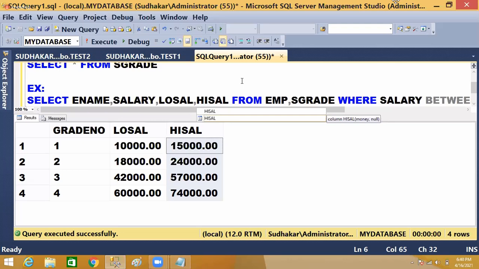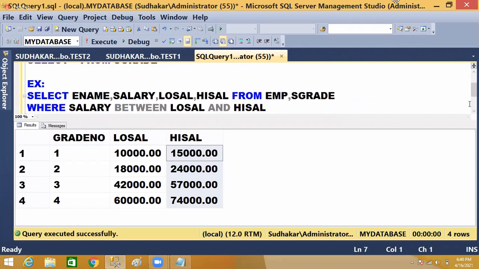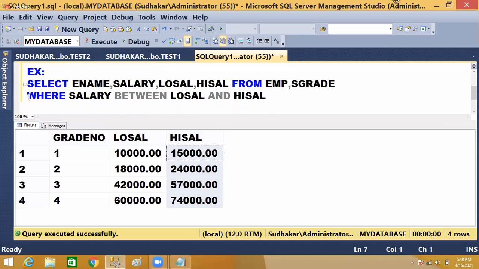I took a few columns for easy understanding. This is your condition. But guys, you can see that in this join condition in my where clause, I'm not using any equal operator. Except the equal operator, you can use any operator, like between and, greater than, less than, less than or equal to, greater than or equal to. Any kind of operator you can use, but don't use the equal operator. In this example, I'm using the between operator and the and operator combination.